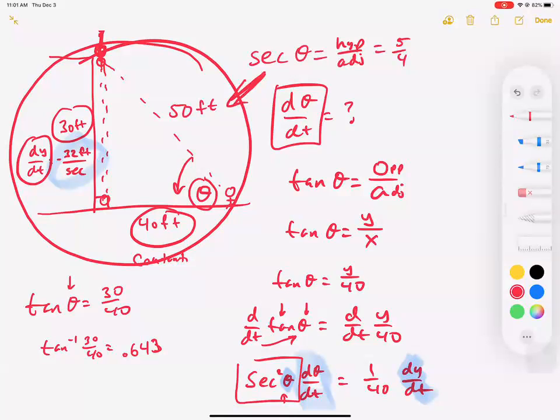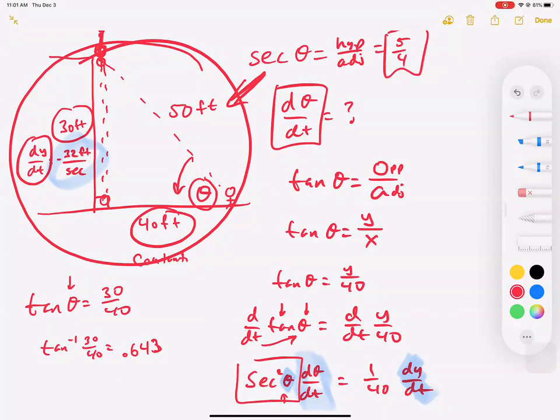If I hit secant of that, which I can't do, I can do 1 divided by cosine, shift answer, last answer, 0.643 cosine equals, we end up with 1.2459, which is 1.25, which is our answer here.